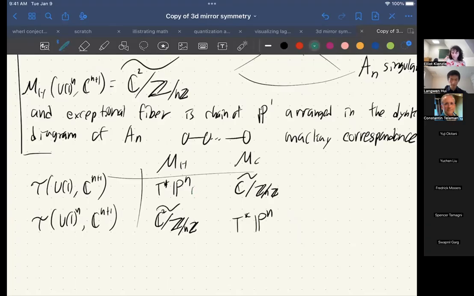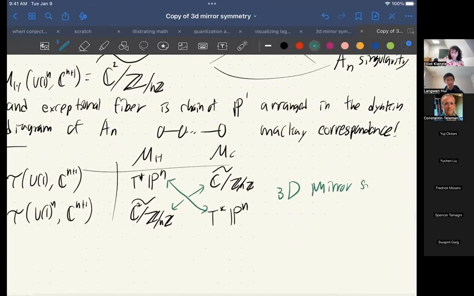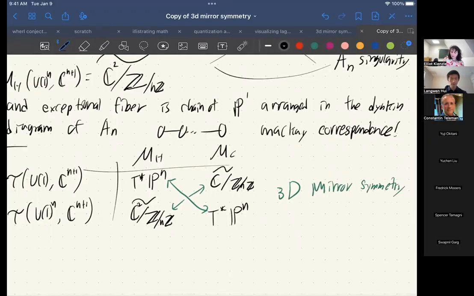And this is a thing you can do explicitly if I actually tell you how to compute what a Coulomb branch is. But this swapping here is 3D mirror symmetry. And in the language that I described above, the mirror manifold of the cotangent bundle of P^n is the resolution of the A_n singularity.